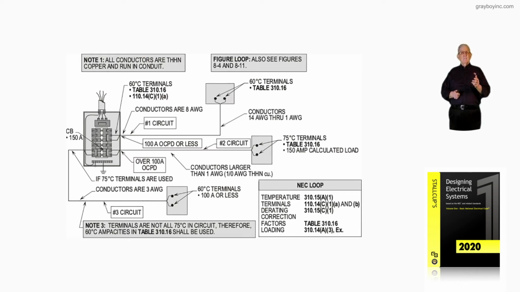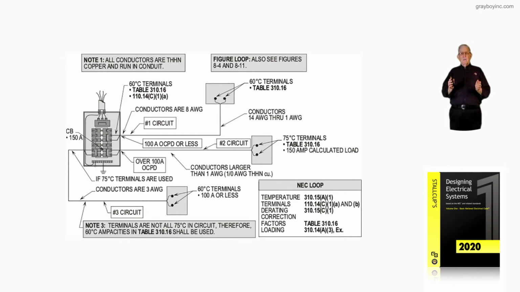Now, let's look at circuit 2. The overcurrent device is over 100 amps, and the equipment is 75 degrees C terminals, 150 amp calculated load, so we'd have a 150 amp overcurrent device with 1/0 wire feeding that if we didn't have any derating factors, and so forth.